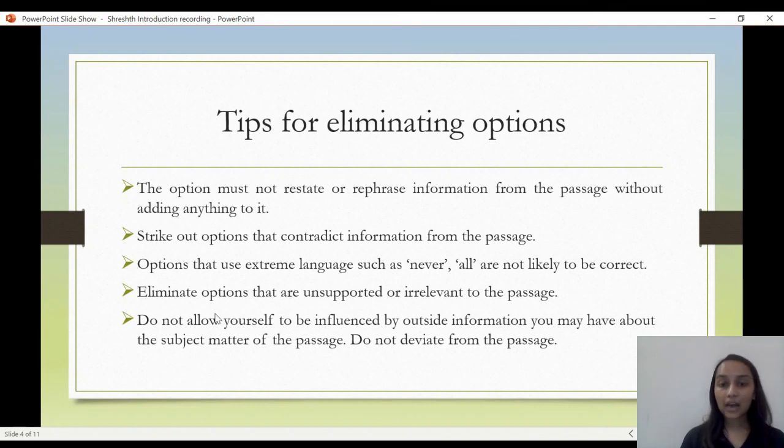You may have some background knowledge or some outside information about the passage or what the passage is dealing with. Do not allow yourself to be influenced by it. Just make sure that the inference can be based on the information already provided in the passage. So be careful to not deviate from the passage.